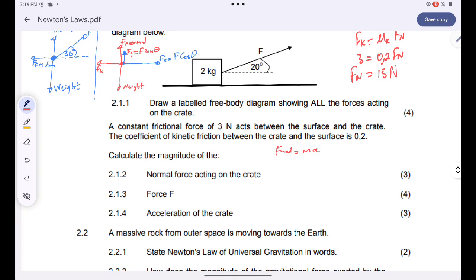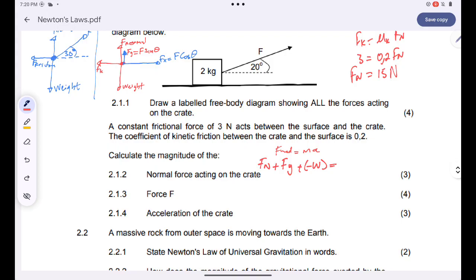But F net is the sum of all the forces in one dimension. If we take up as positive, that means we have our normal force Fn plus our vertical component, minus gravity, because gravity is moving in the opposite direction, is equal to ma.